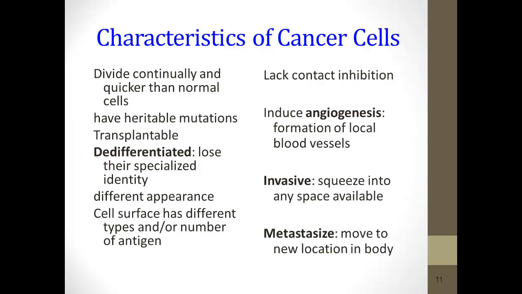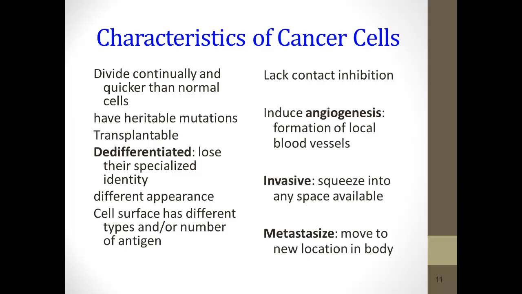They continue to divide, but they divide at a quicker than normal rate than our average cells. Most have an inheritable mutation. They can be transplantable, which means they can go to different organs.